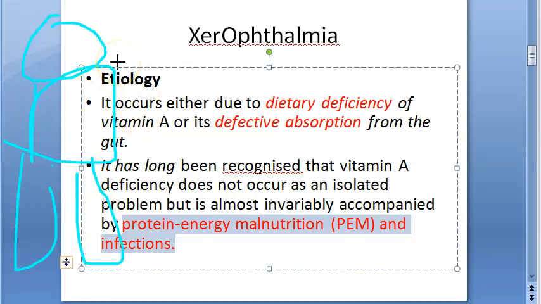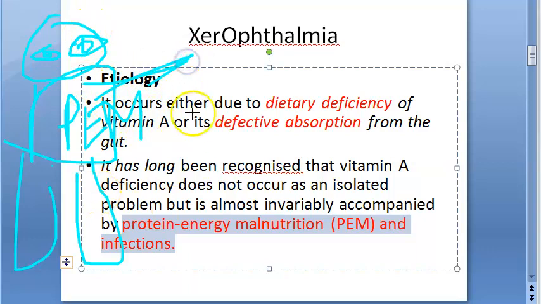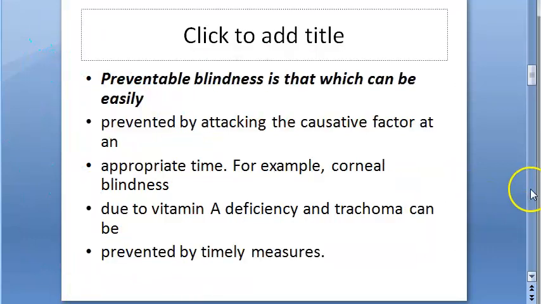Vitamin A deficiency is almost invariably accompanied by PEM, that is protein energy malnutrition, and infection. So this guy is not only having some specific symptoms, he's also having protein energy malnutrition and infections. Okay. Let's move on.